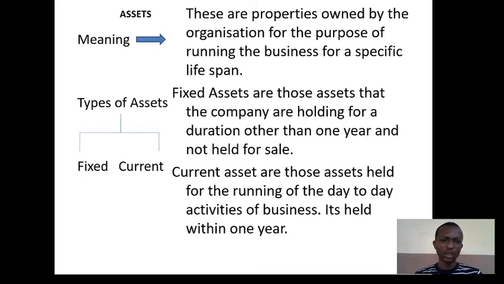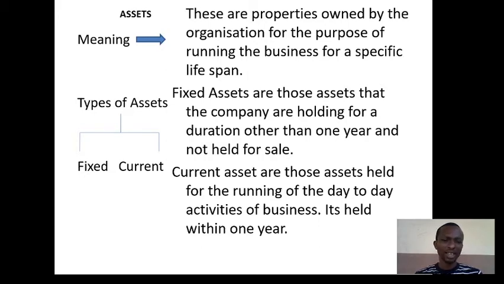Now let's go to current assets. Current assets are those assets held for the running of the day-to-day activities of the business. It is held within 1 year. These assets are what the company owns. For example, stock. When we say stock, we mean materials.